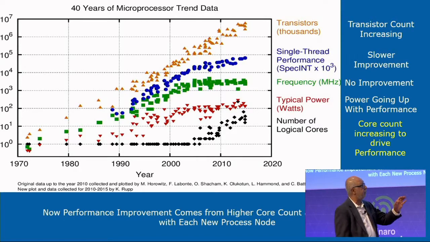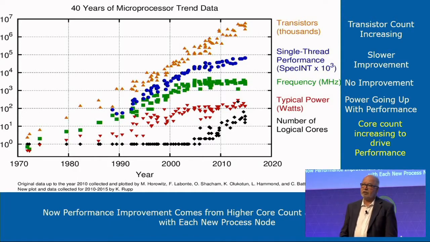Frequency started to flatten, but in order to get higher performance, all we could do was increase the number of cores. You can see the black diamonds at the bottom showing how the core count went up. When the core count went up, we also had to increase the power budget. So to get higher performance, we had to go to multi-core, which had some software challenges, and we had to figure out how to tolerate higher power.